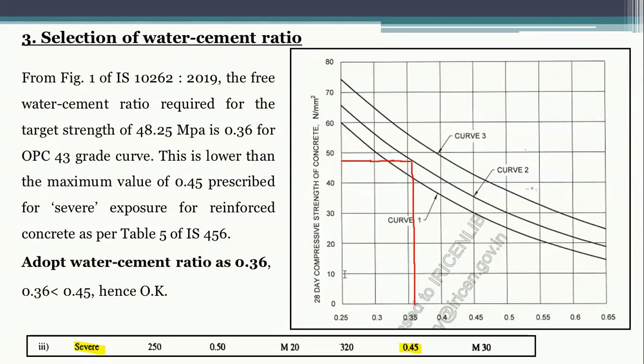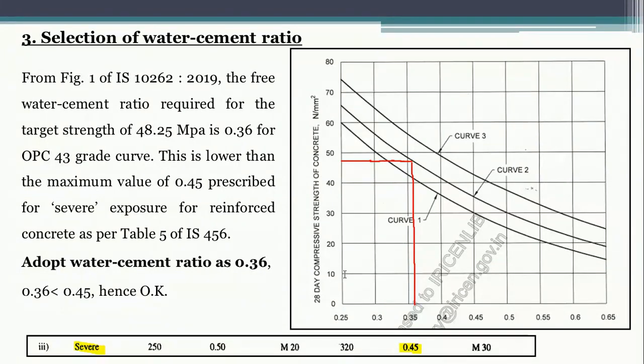We can adopt 0.45 or 0.36, but the theory says that the higher the water cement ratio, the more the strength is reduced. Keeping that in mind, we have to adopt the lesser water cement ratio. Out of 0.36 and 0.45, the lesser is 0.36, so we have adopted that for our mix design calculation.